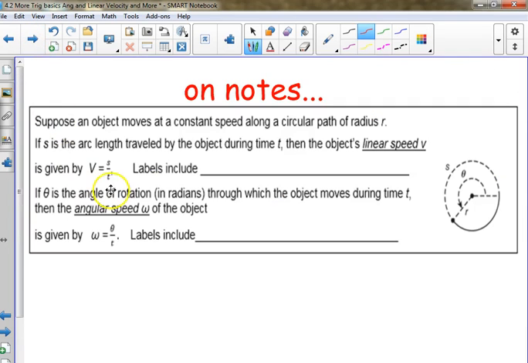All right. So in the notes, again, here's the formula, but I don't ever use these. I just remind myself that if it's a linear speed, you guys know linear speed. It's miles per hour, right? Feet per second, something like that. So the labels, it's got to be distance per time. For example, you could have miles per hour, kilometers per hour, you could have centimeters per second, etc., okay?